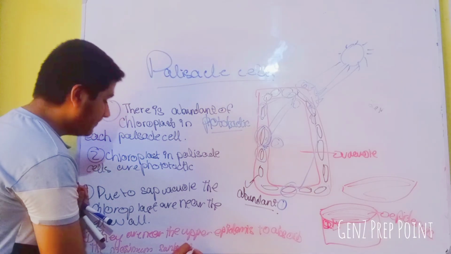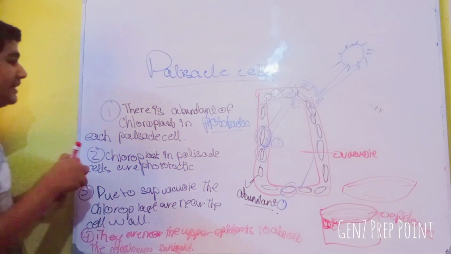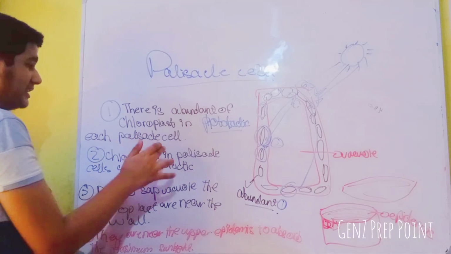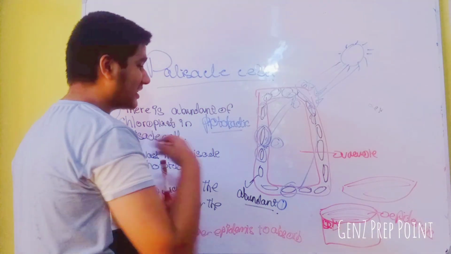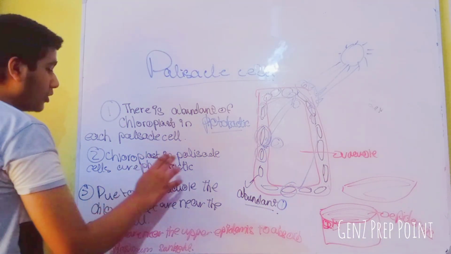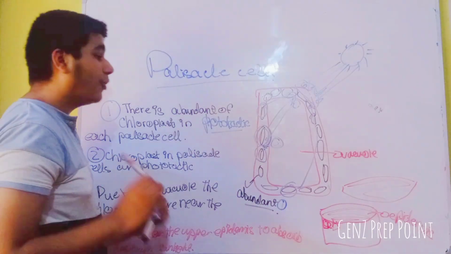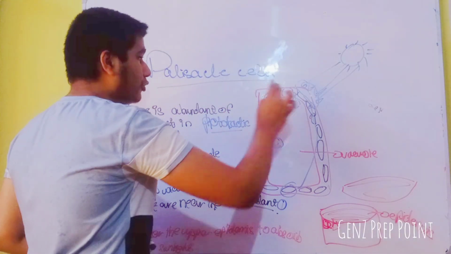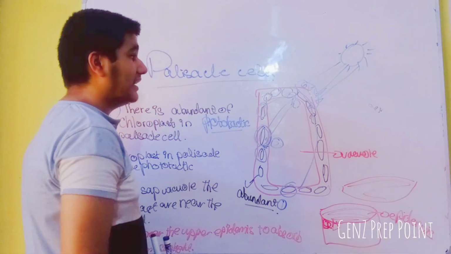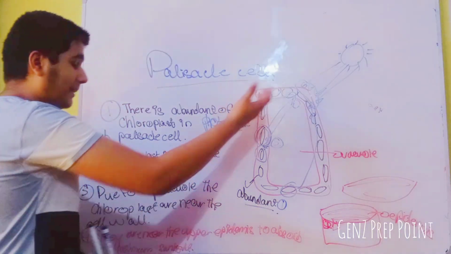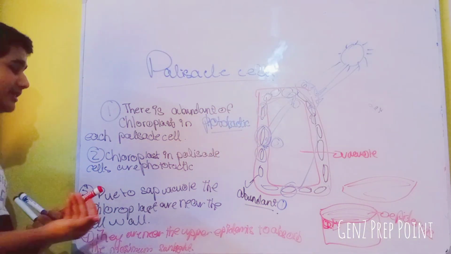Let's read again what I said. There are abundant chloroplasts in each Palisade mesophyll cell. There can be 50, there can be 60. Chloroplasts in Palisade mesophyll cells are phototactic. They can sense the source of sunlight and move to that place where the sunlight has direct contact with the surface.